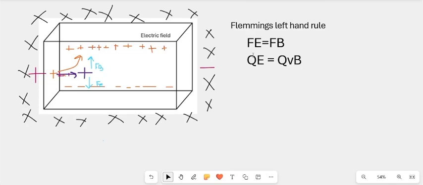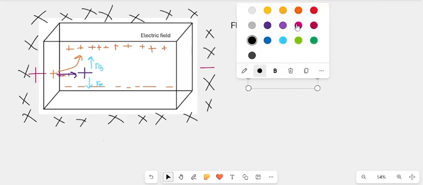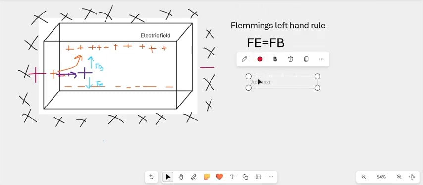Now you can see we can easily cut Q out. I am left with E equals VB.